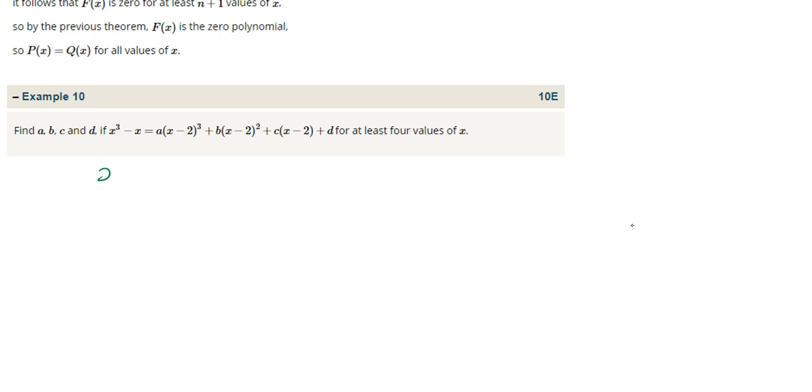Now, I know that x to the power of 3 minus x is equal to A times (x minus 2) to the power of 3, plus B times (x minus 2) to the power of 2, plus C times (x minus 2), plus D. What's something that I can immediately tell about one of these values? No, not the zeros. Just the A, B, C, and D's.